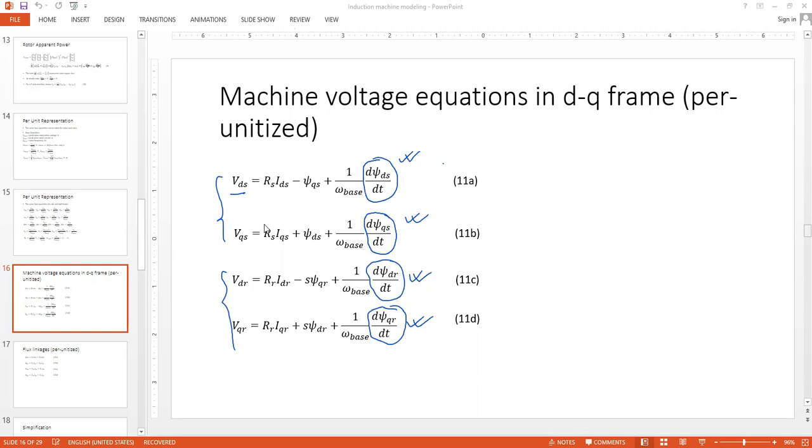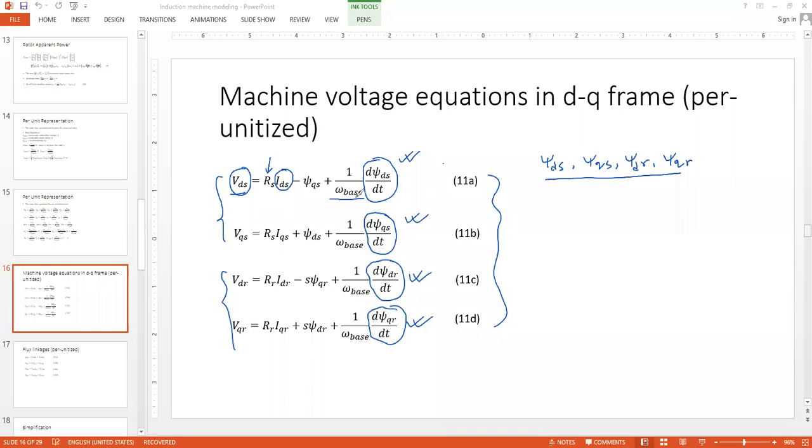Along with this, we can also see that there are some variables which are not actually state variables. Even if we consider for the time being that psi ds, psi qs, psi dr, and psi qr are the state variables, then looking closely at these expressions, VDS is not one of the state variables. It is not listed here. IDS is not a state variable. RS is of course a constant, the stator winding resistance in per unit.